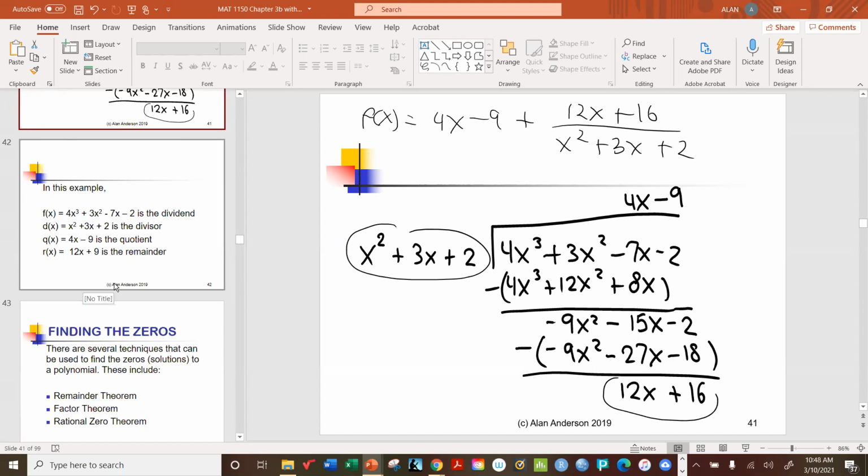Now, some of these are very time consuming, so we're only going to look at a few special cases. We just want to be aware that solving polynomials is not just restricted to quadratics. There are techniques available for basically any order polynomial you could imagine.